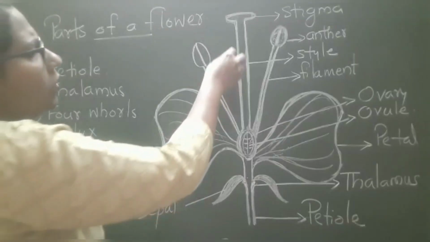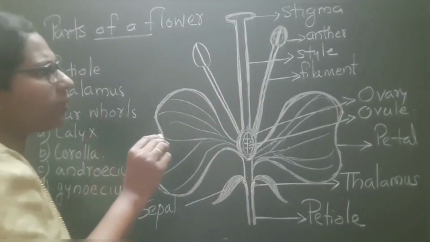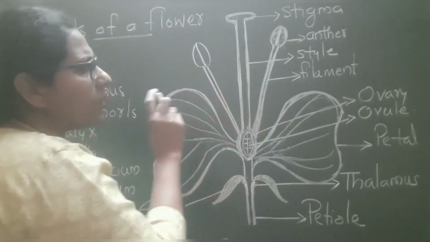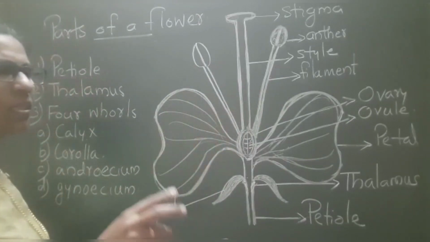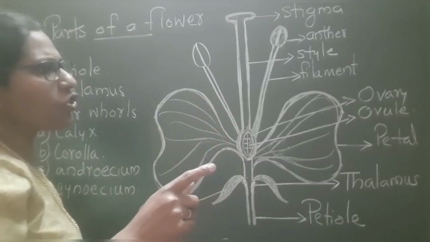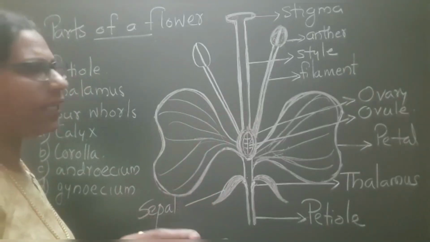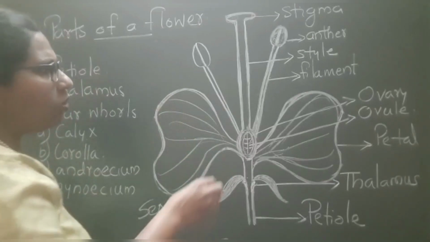I have told you there are two reproductive organs in the flower. Number one, androecium. Number two, gynoecium. Androecium is the male reproductive organ and gynoecium is the female reproductive organ.